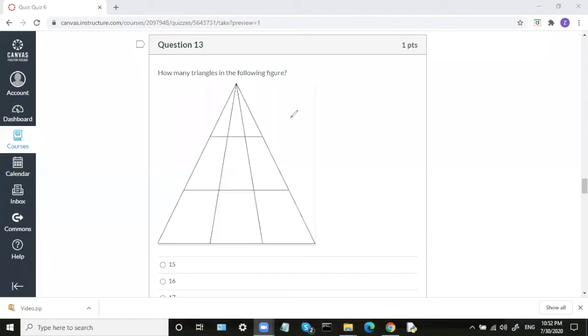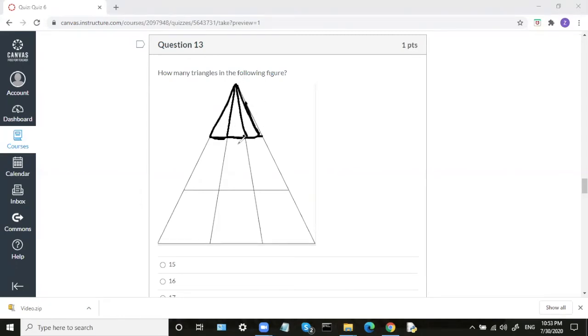Problem 13, how many triangles are in the following figure? Okay, when we look at this figure, we can find that all the triangles have common vertices. So let's look at all the triangles that have a base on this line. We can have triangle 1, 2, 3.